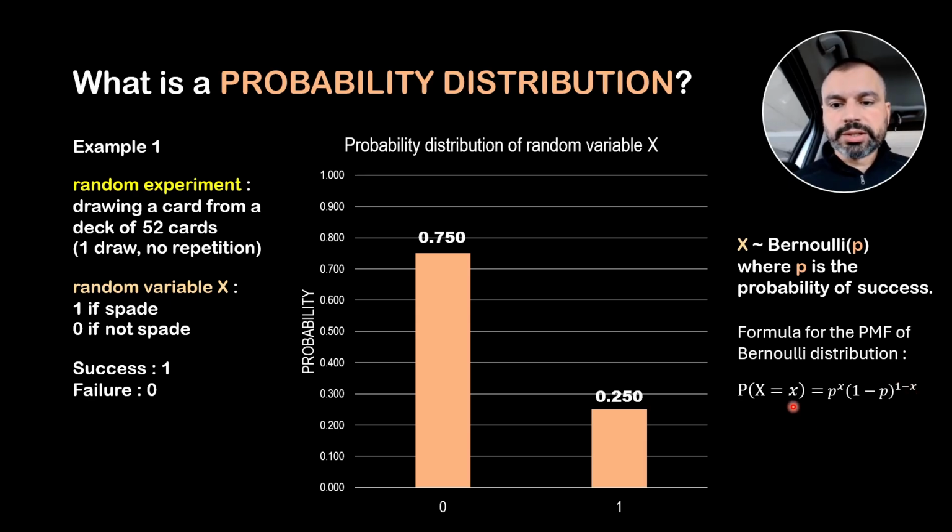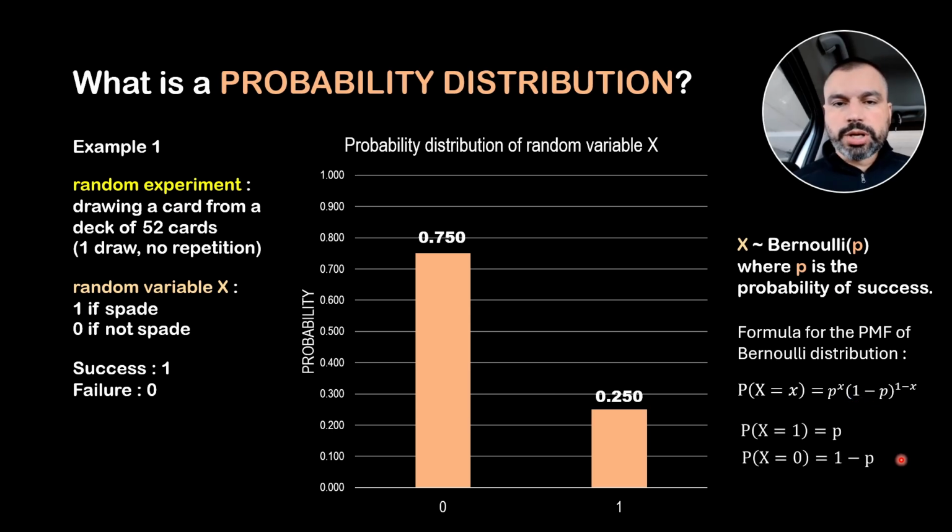Suppose that little x is 1, then p raised to the power of 1 is p. 1 minus p raised to the power of 0, because 1 minus 1 is 0. Any number raised to the power of 0 is 1. So this whole part is going to be 1. P times 1 is just p.